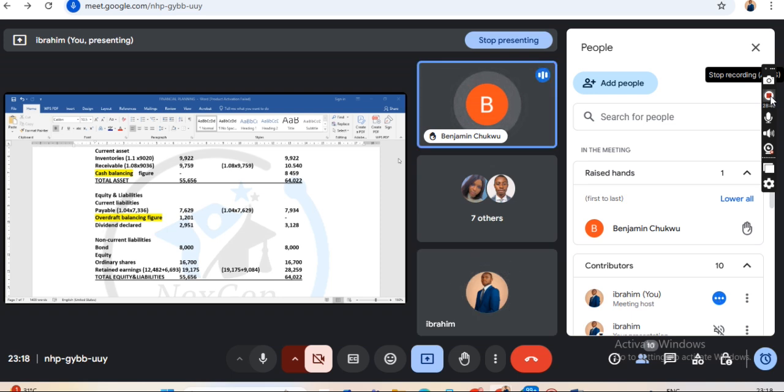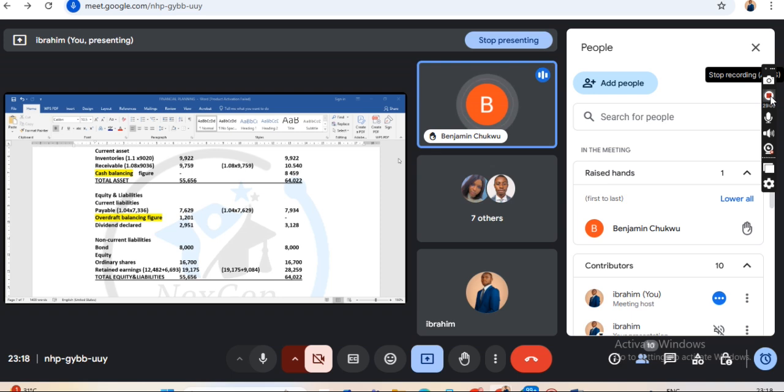Okay, my question is about the dividend paid. You said something about declared and dividend paid. You said if dividend is declared, it is recorded in the books as a liability, right? And if it is paid, then it will appear in the cash flow.